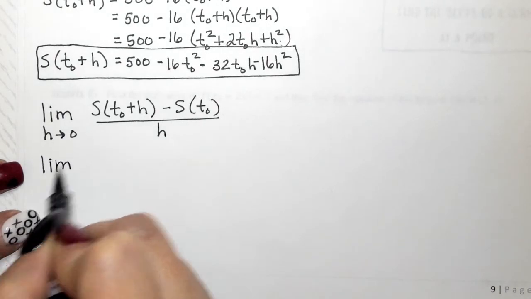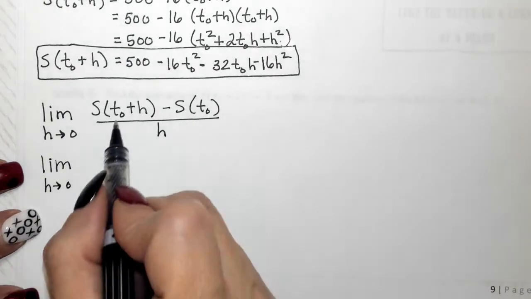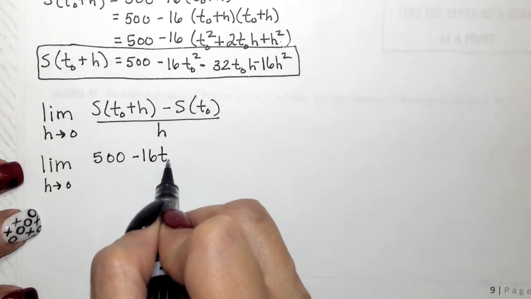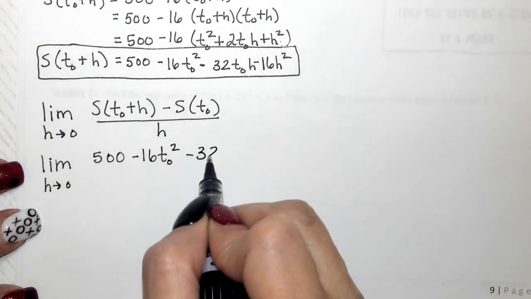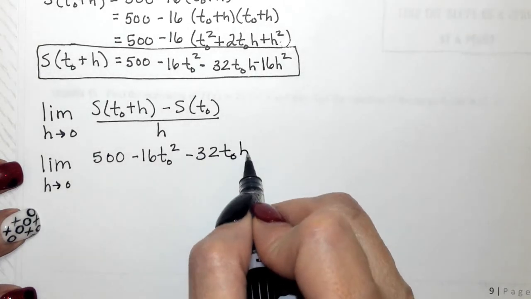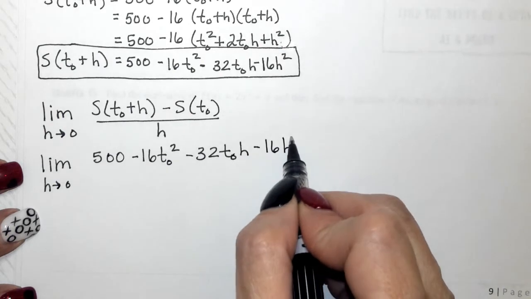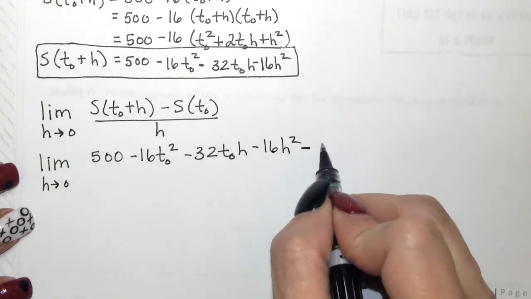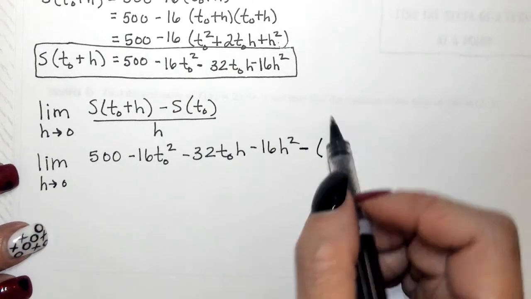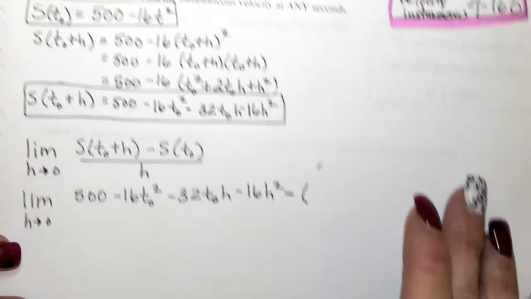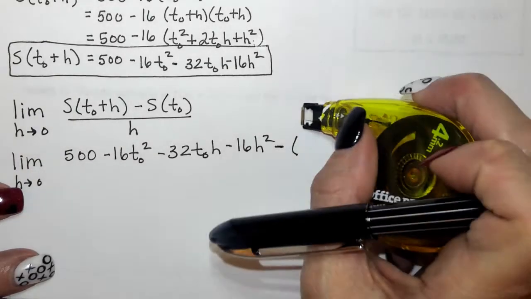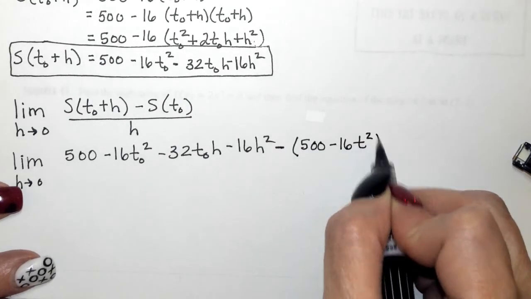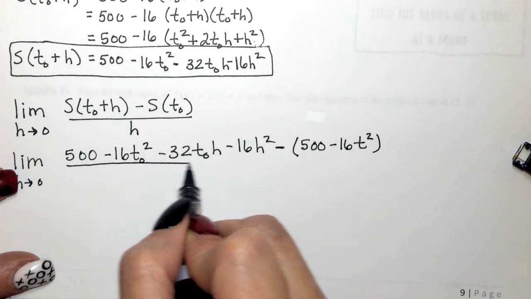So it's the limit as h approaches 0 of 500 minus 16 t naught squared minus 32 t naught h minus 16h squared minus parenthesis. And then I need to go back up here and do 500 minus 16t squared, all over h.